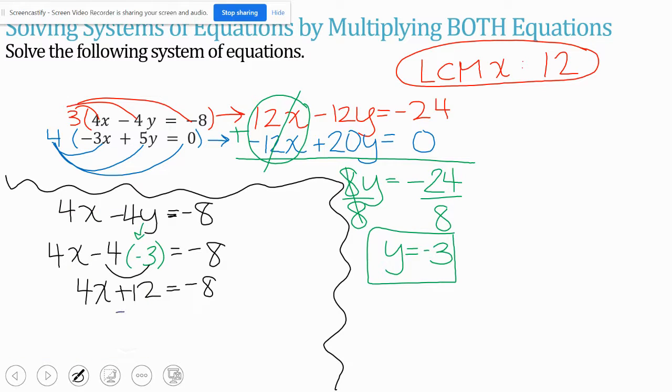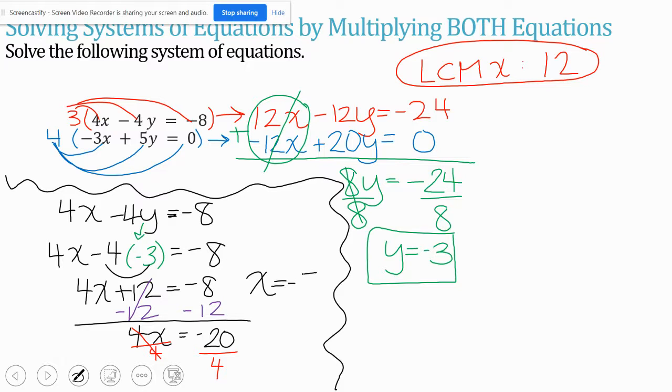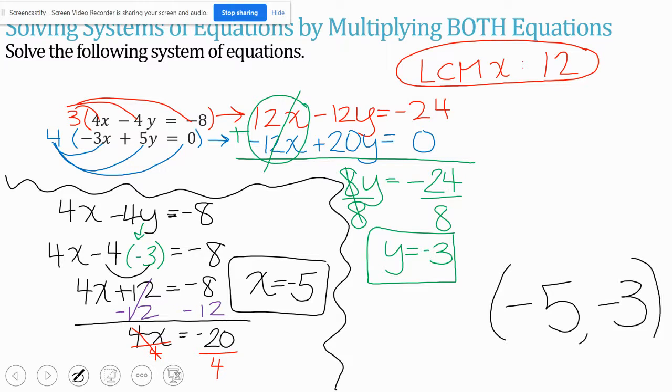Next step, we're going to subtract 12 on both sides. That cancels. So we get 4x equals -20. And then that last step, divide by 4. And you get x equals -5. Remember to write your answer as a coordinate, as an ordered pair, x comma y. So our answer here is -5, -3.